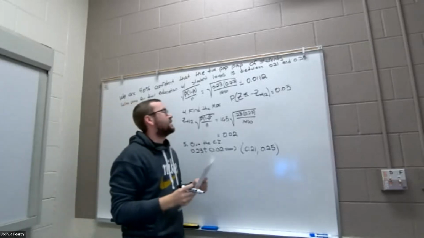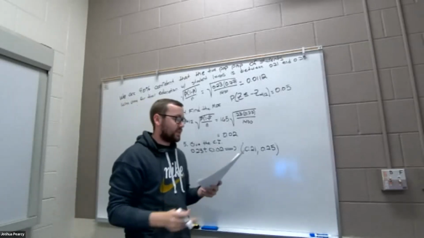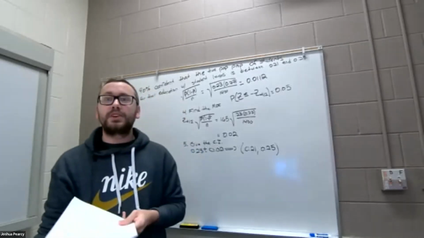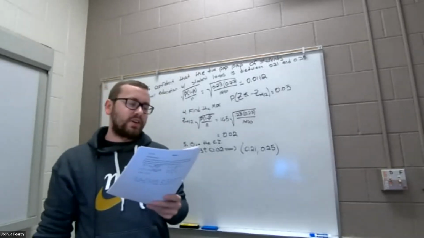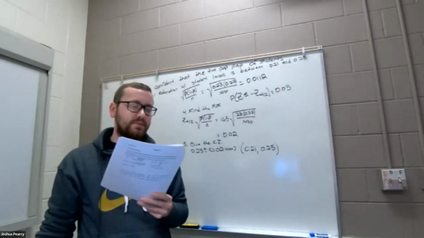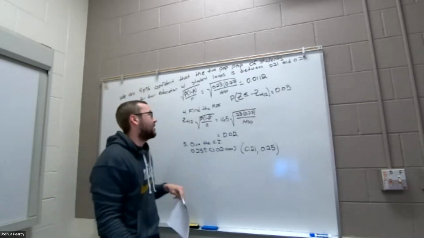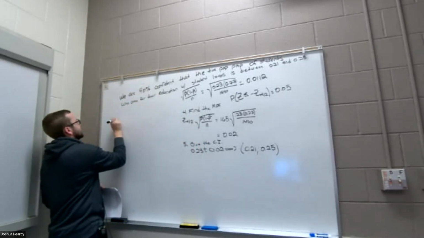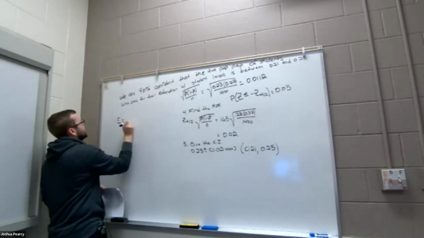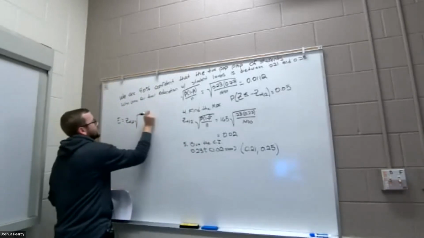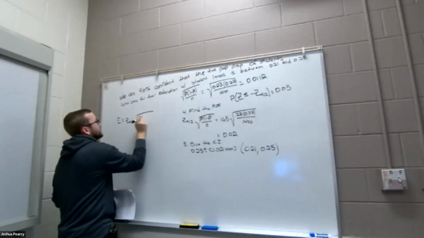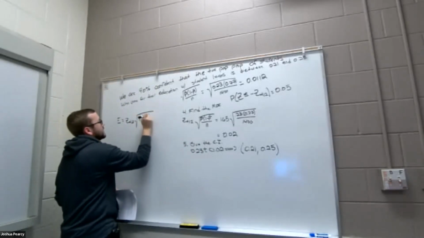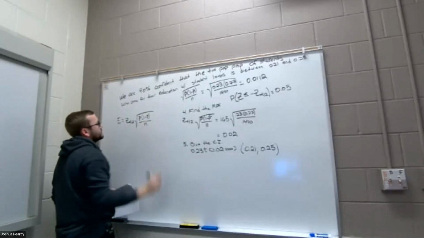Just like we did in section 7.1, we can also find a sample size to achieve some margin of error in this case. So you have your margin of error, E, found by the critical Z value times the square root of p hat times 1 minus p hat over n.